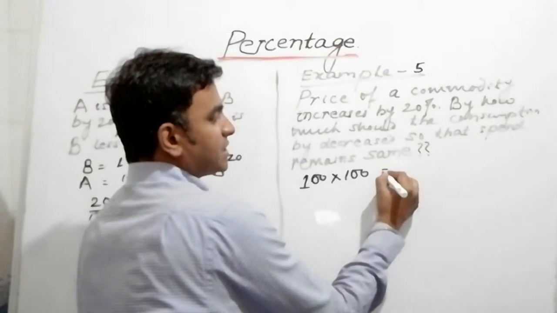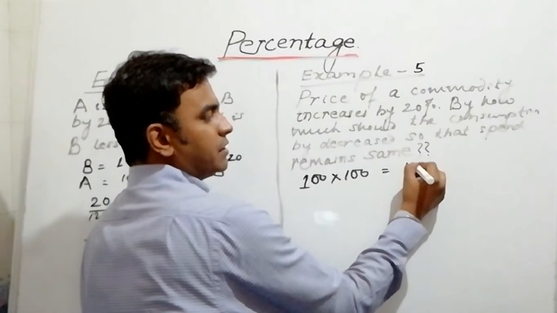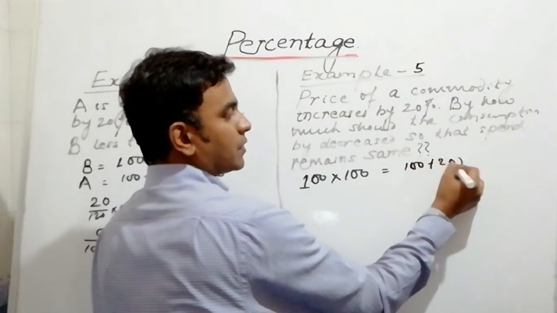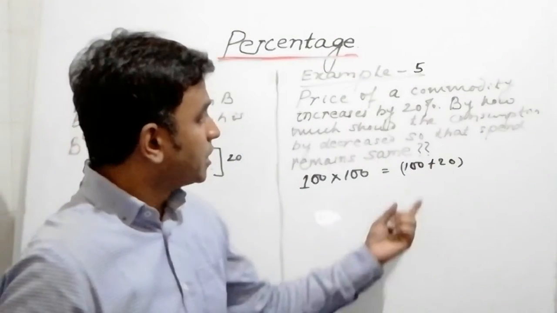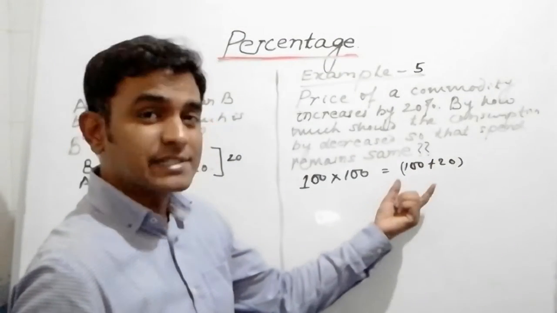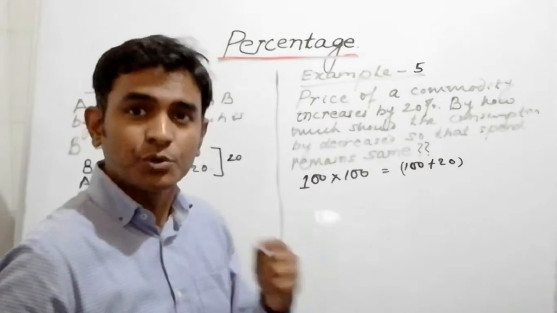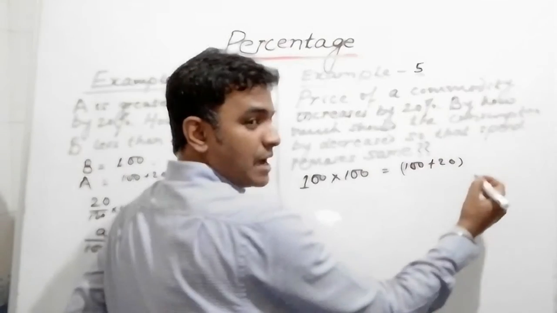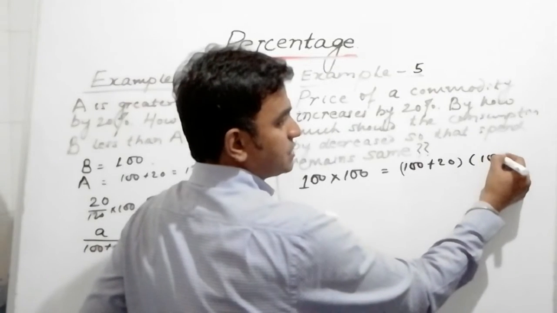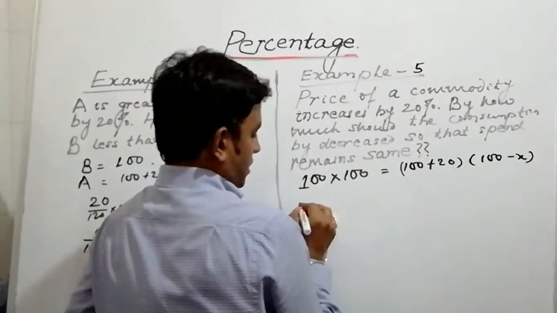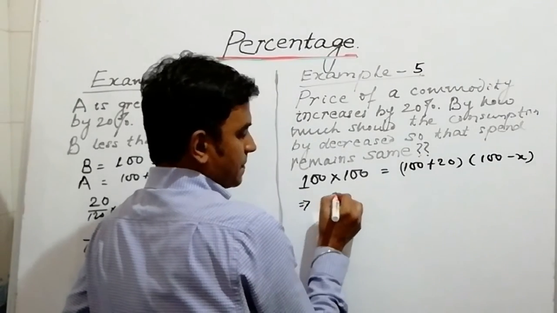Now the price increases by 20%. So 100 plus 20. So अगर price बढ़ गया तो your spend अगर same रहना है, so your consumption has to decrease. So let's say आपने decrease किया उसको by x percentage. So 100 minus x. इसको solve करेंगे तो क्या आएगा?